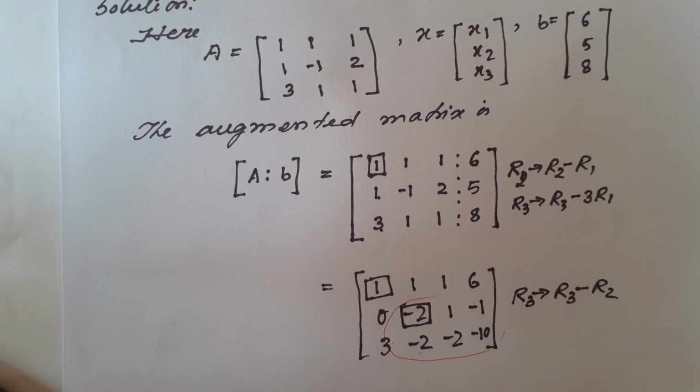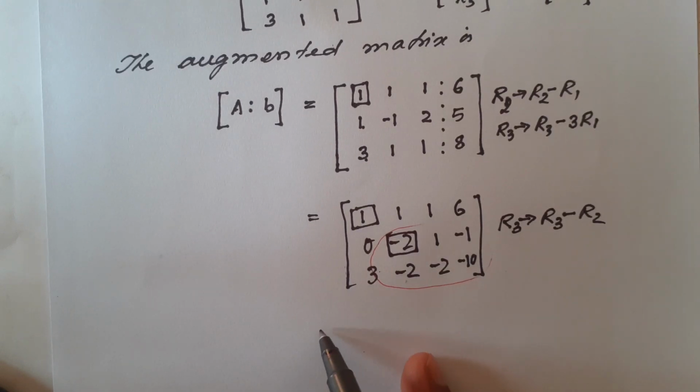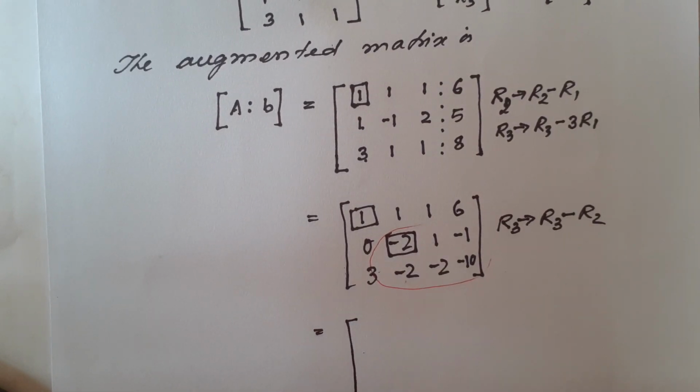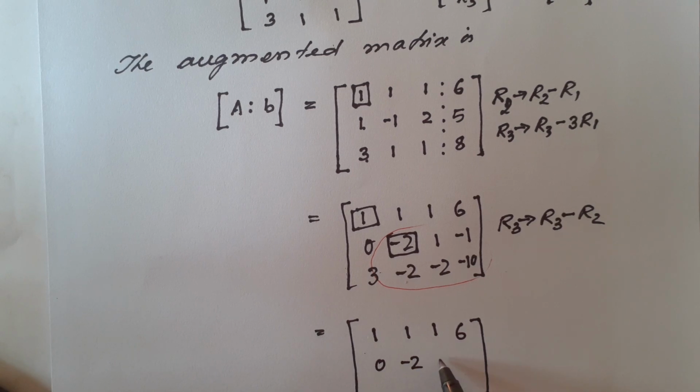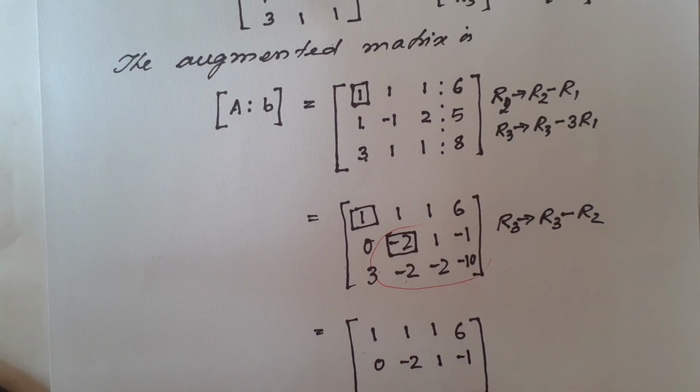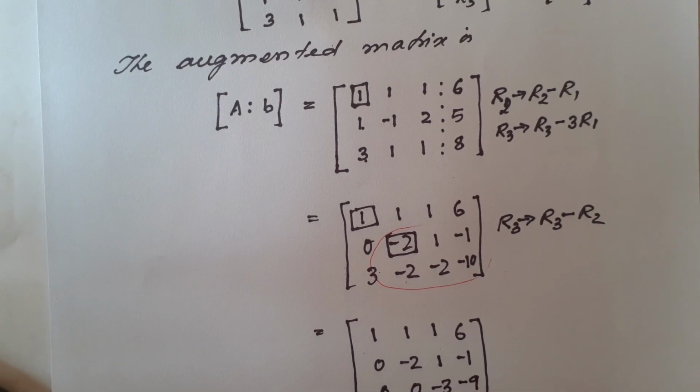And the reduced matrix is 1, 1, 1, 6, 0, minus 2, 1, minus 1, then 0, 0, minus 3, minus 9.